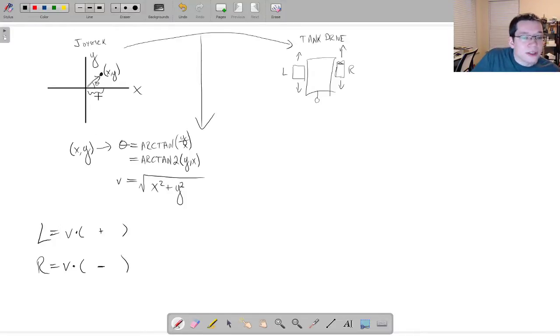So something that I notice as I'm looking at this is this part, which is the cosine theta part, is going to increase as I move it to the right. So as I push it more towards the x, as if I'm going to turn right, that number goes up. And if I'm trying to turn right, I want my left motor to move faster and my right motor to move slower. So let's say this part is cosine theta.